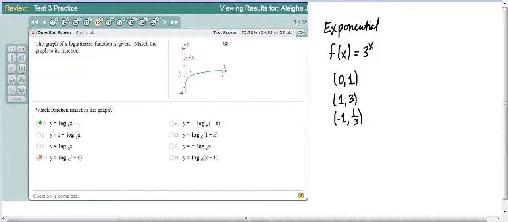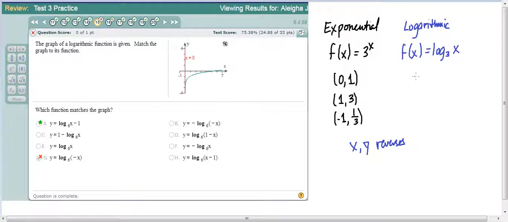I tell you all this because most people understand that pretty easily. The logarithmic function is the inverse function. Now hopefully from module 2 you learned some things about inverse functions. So if I had f of x equals log base 3 of x, then the x and y roles reverse in inverse functions.